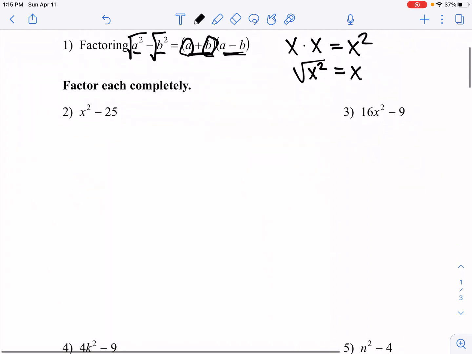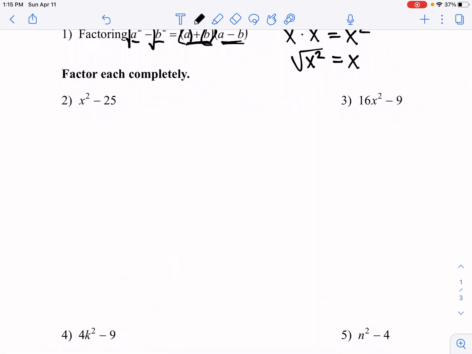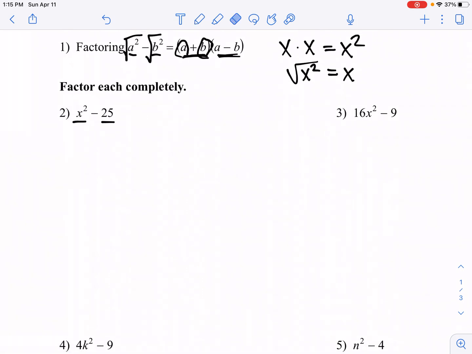So when we're working backwards, let's look at these examples. In this first one, the a squared is x squared and the b squared is minus 25, okay? So going back here, maybe we can clear this up a little bit. The a squared is our x squared and the b squared is our 25.